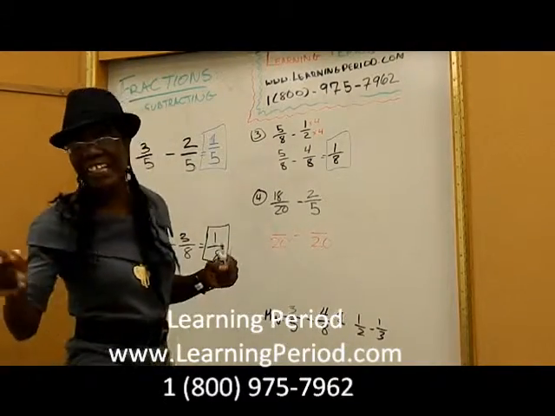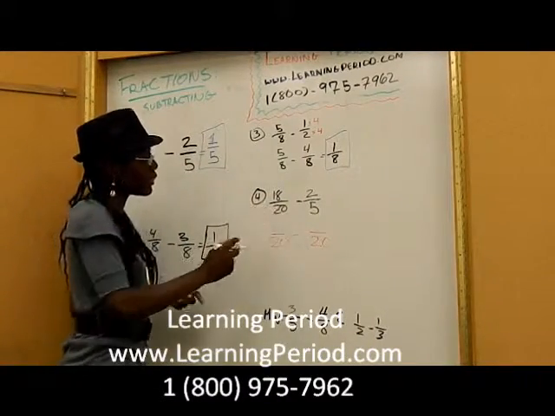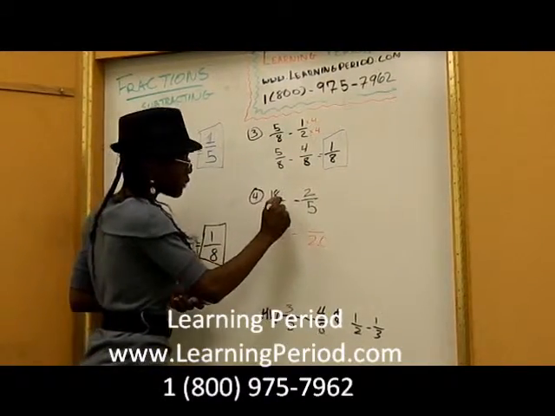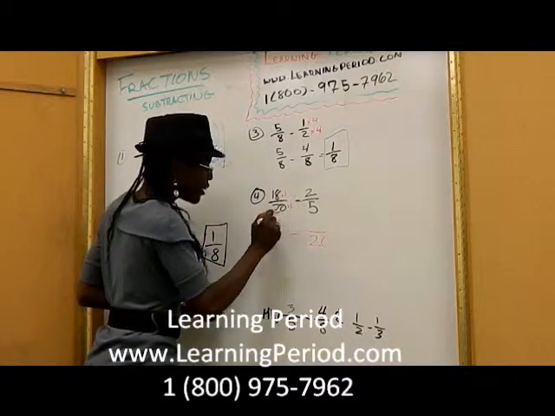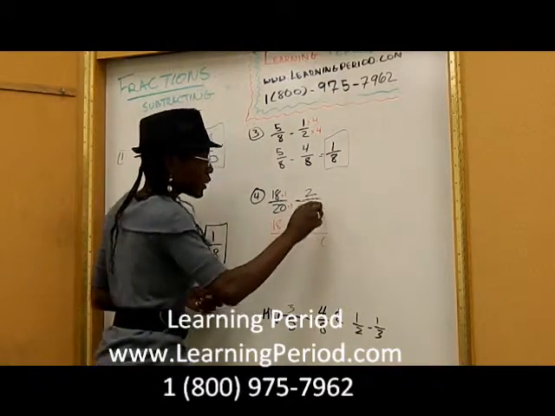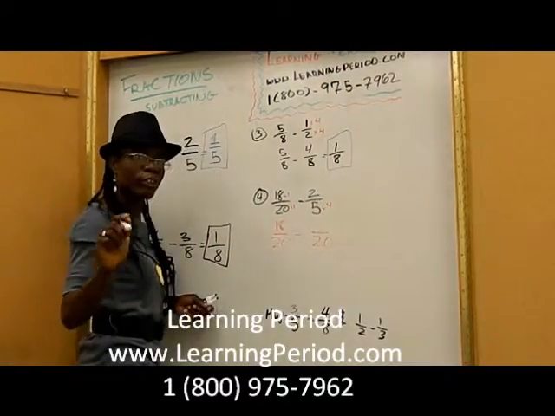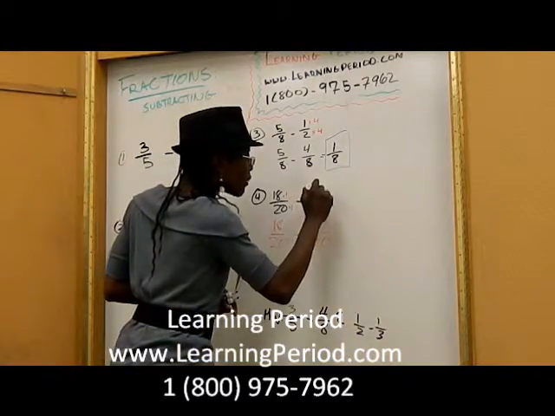And if you don't know, click on the link and we'll take you there. 20, how many times does 20 go into 20? Times 1. How many times does 5 go into 20? Times 4. And remember, whatever you do to the denominator, you need to do to the numerator.